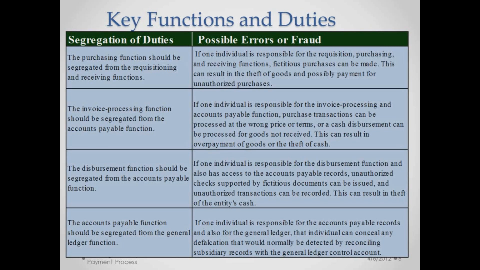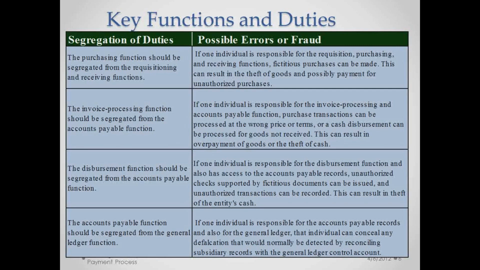Because if you don't separate those functions, you create the possibility that one individual is now responsible for requisitioning goods, placing the purchase, and receiving the goods, so they can have a fictitious purchase be made, right? And then they can possibly steal the goods, right? Because they have these three functions.